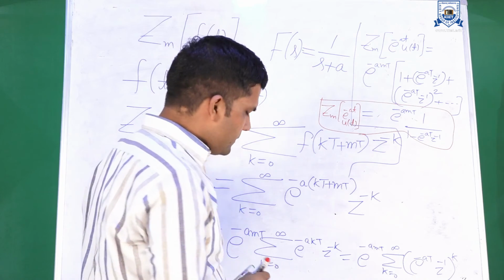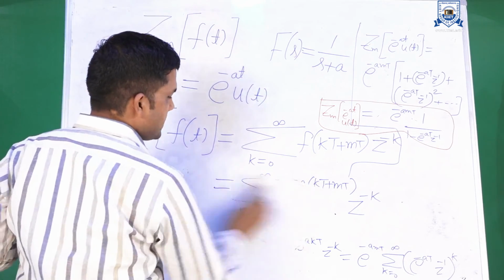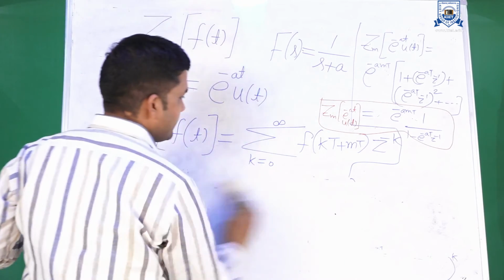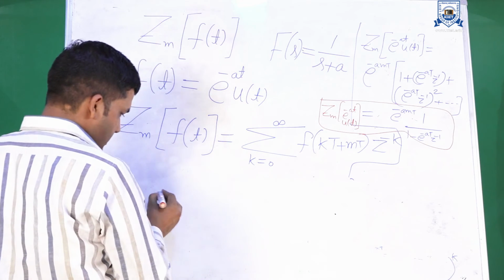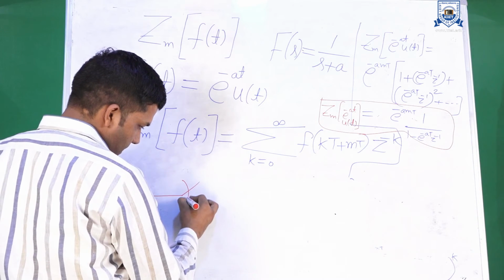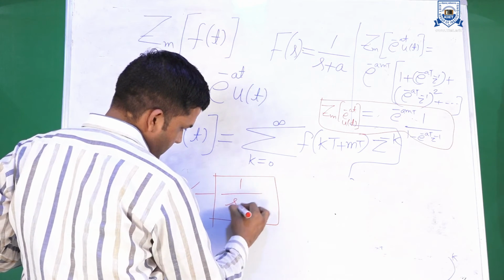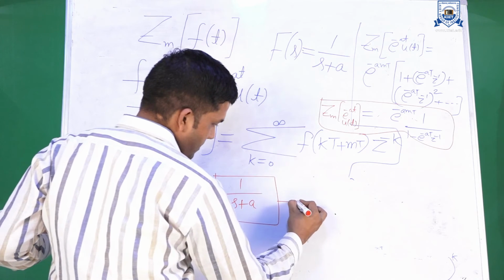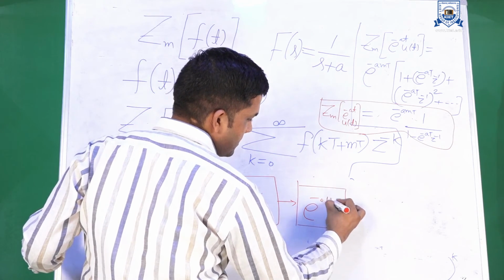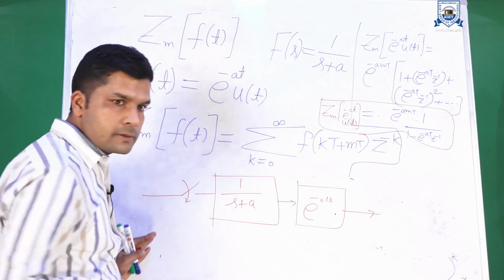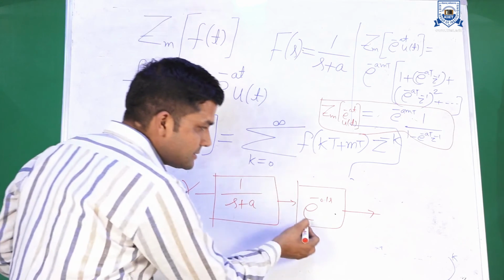If any student asks, sir, where is delta? So delta is appearing in control system, and we have taken the problem directly here, and control system is like this: this is the open loop control system, this is the sampler, this is the system function, and this is the delay.